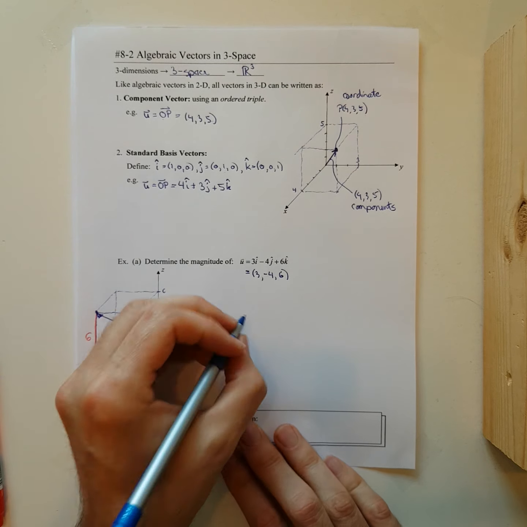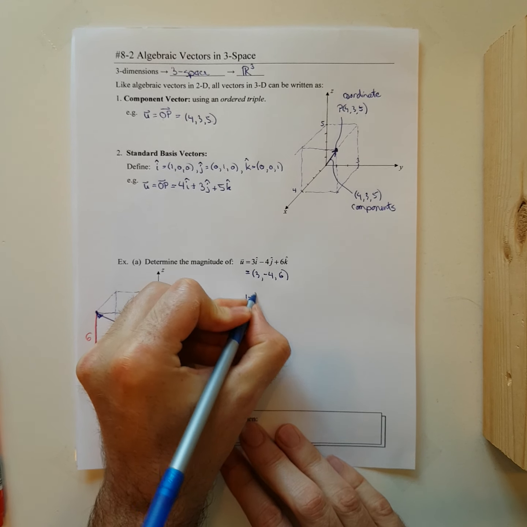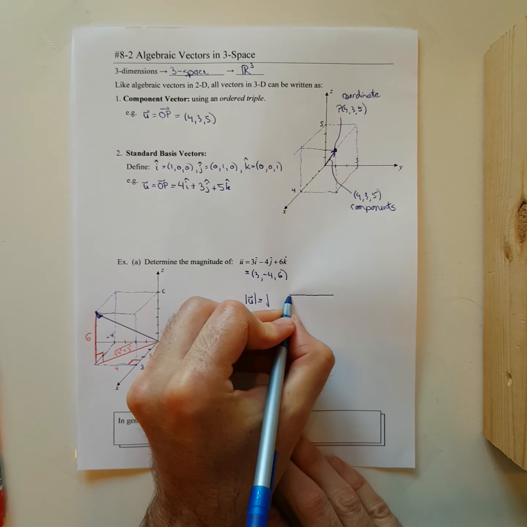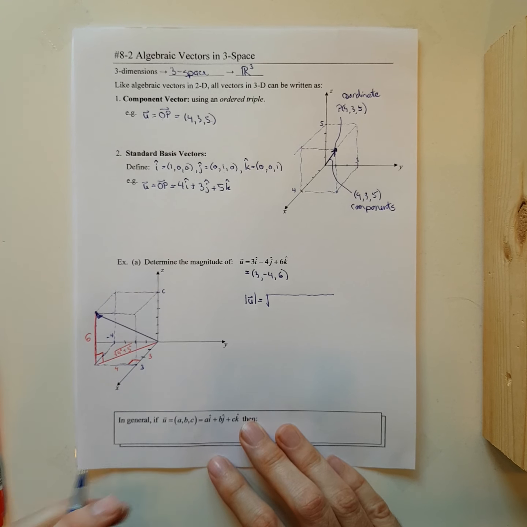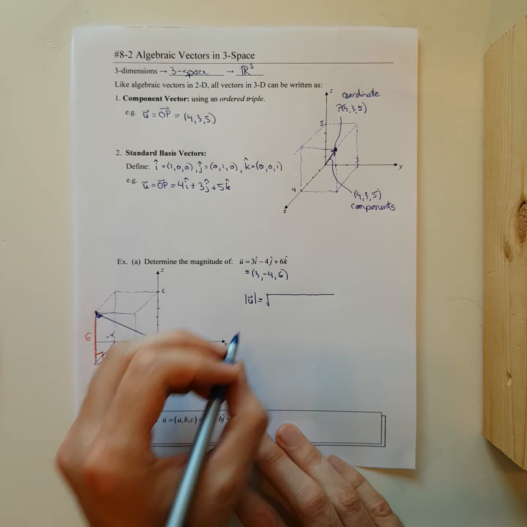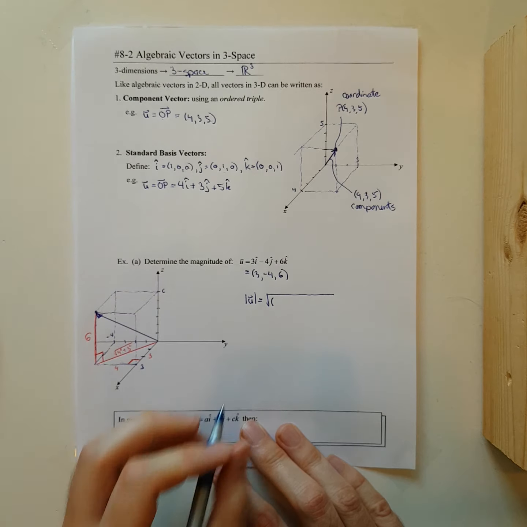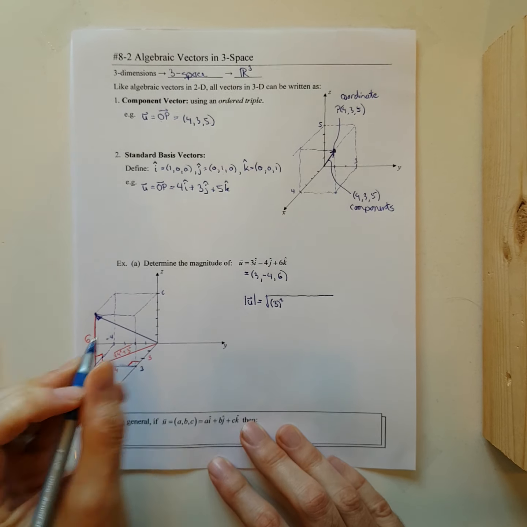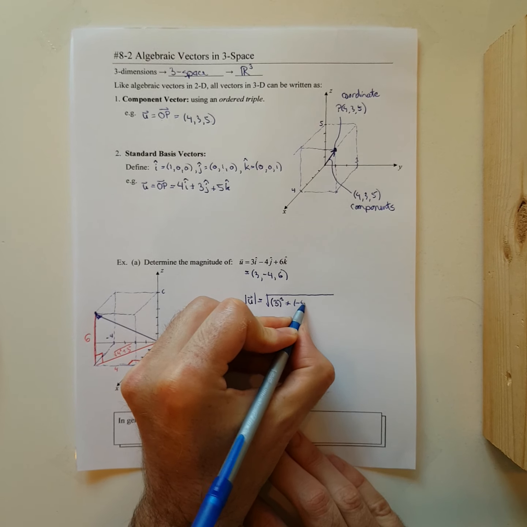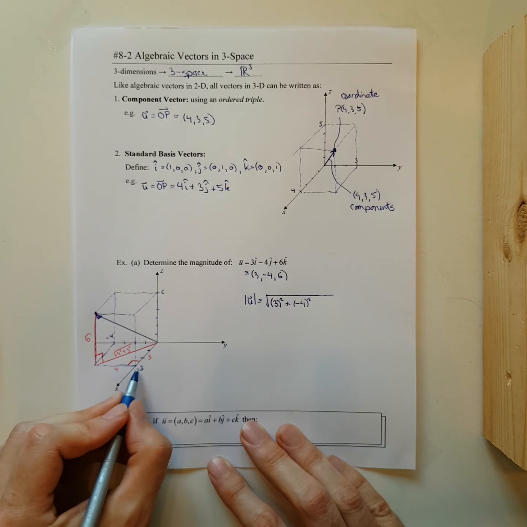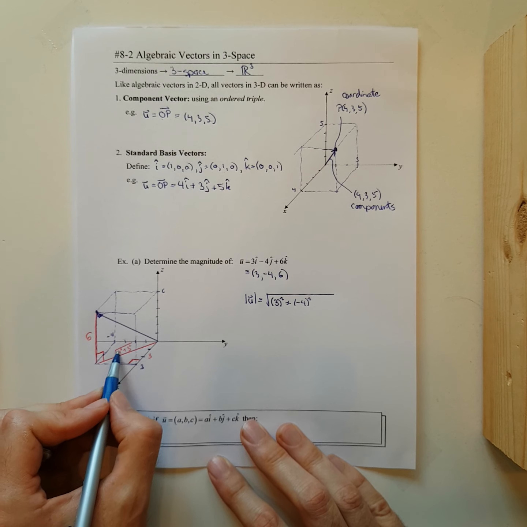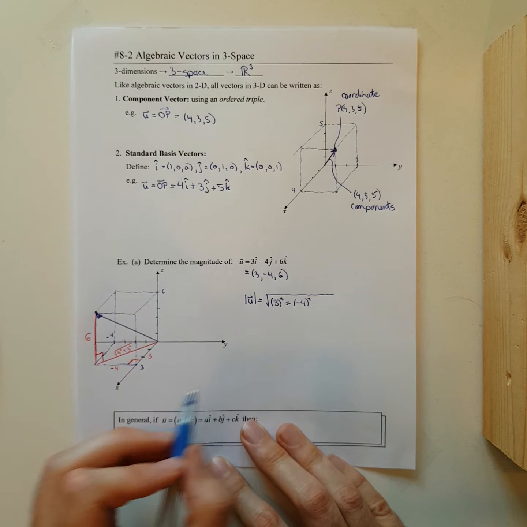So what we end up with here is that the magnitude of u is equal to, from the Pythagorean theorem, the square root of, I want this squared and this squared. So I'm going to go back to my original dimensions and say, well, this is 3 squared plus negative 4 squared, as a dimension here. I'm going to put the negative in, and I would take the square root of that. Square it, it gets rid of the square root.